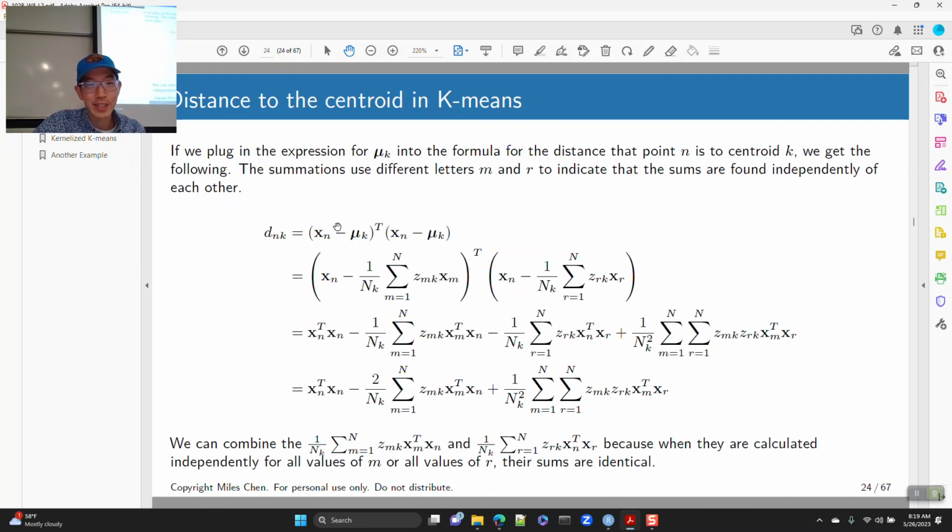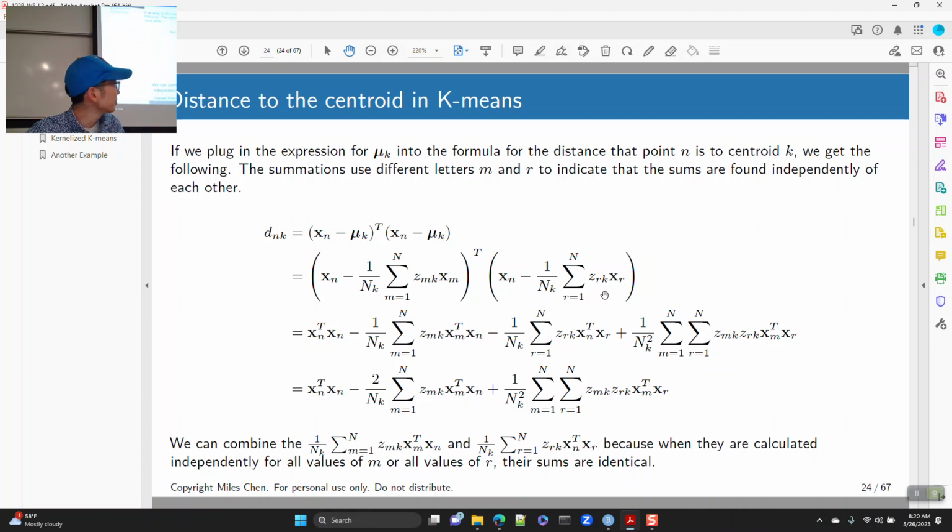Okay, so I'm going to say, all right, we're going to take the distance from x to the centroid. The centroid is going to be given by this, and then we have each point to the centroid here. When you have the sum of these, you have a whole bunch of different x's.